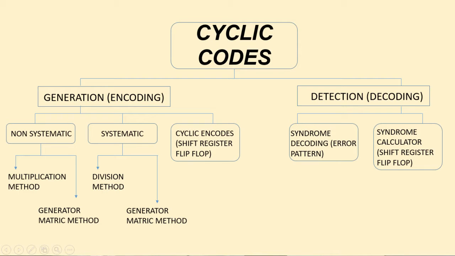And the systematic also has two methods: the first one is the division method, and it also has the generator matrix method. As we can see for the detection decoding, the syndrome decoding error pattern and syndrome calculator shift register flip-flop are under the detection decoding.